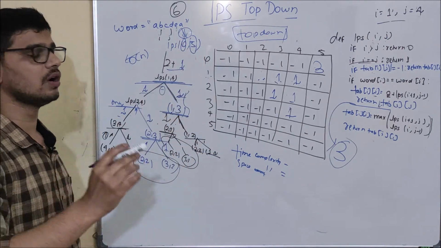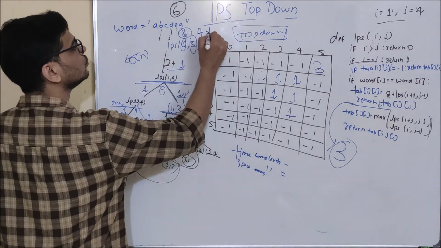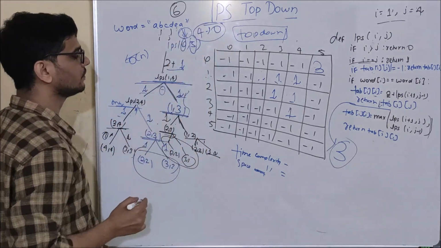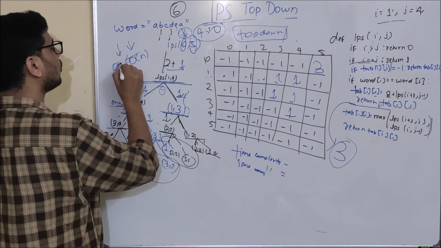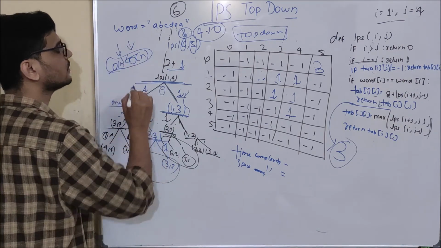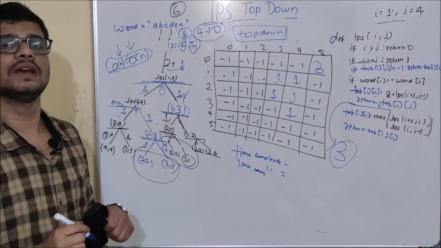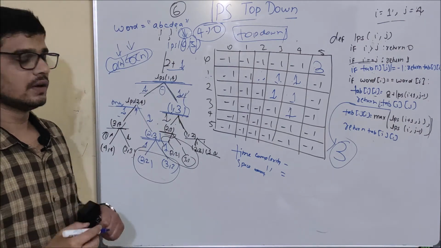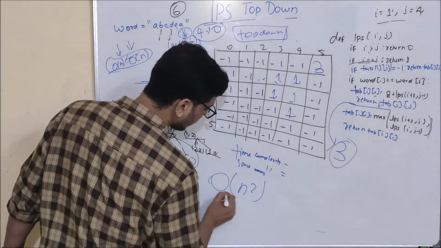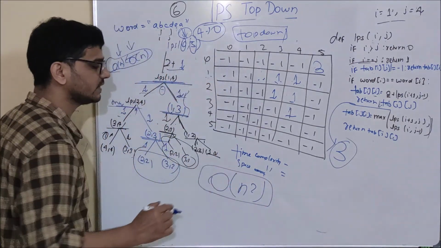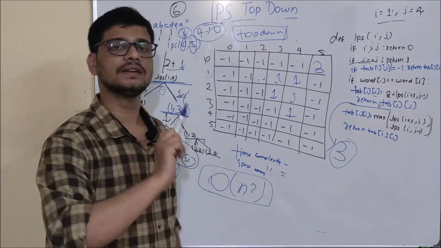It will go from 4 to 0. Okay? So i will take order n, j will take order n. So at max, how many function calls are we going to do here? At max, we will do order of n square function calls. So the time complexity of this problem is order of n square.